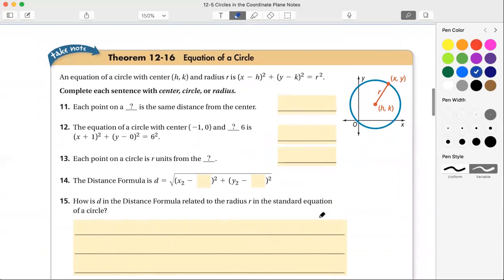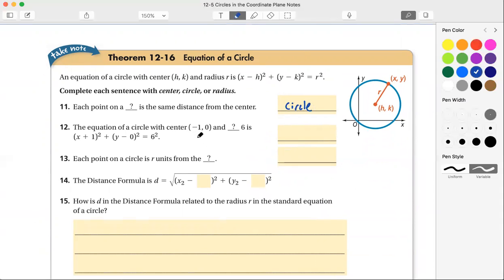All right, theorem 12-16, the equation of a circle. An equation of a circle with center (h, k) and radius r is (x - h)^2 + (y - k)^2 = r^2. Each point on a circle is the same distance from the center.